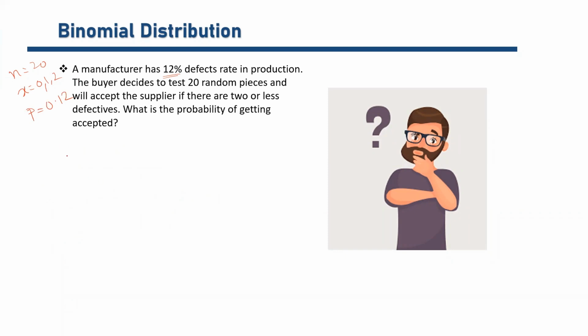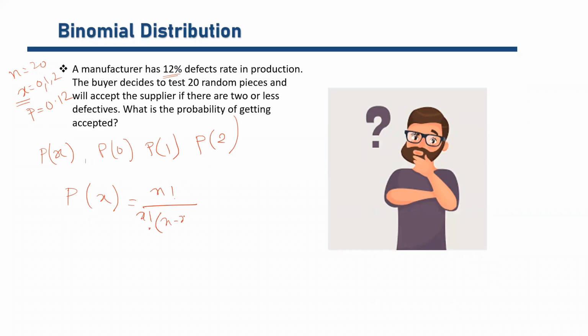Now, first point is we have to find for individual X. So we'll find P of 0, P of 1, and P of 2. Now we have the formula: P of X is equal to N factorial by X factorial times N minus X factorial, and then P to the power X, and 1 minus P to the power N minus X. I'm quickly going through it.